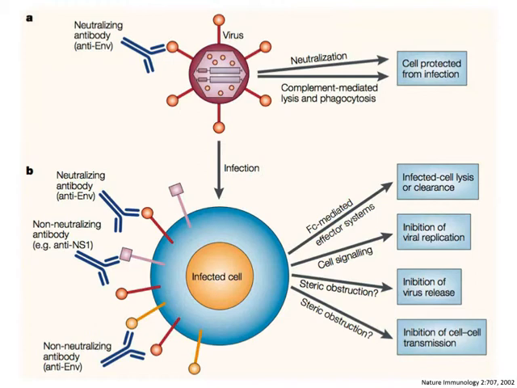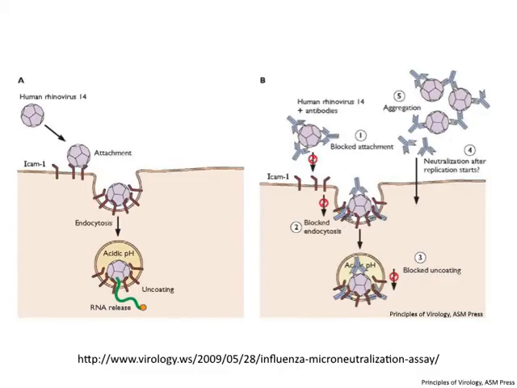For example, there can be signaling through these complexes that turn on pathways that inhibit virus replication. You can even inhibit virus release by having antibodies on the surface. So if you imagine this is an infected cell putting up viral glycoproteins on the surface, the binding of the antibodies can prevent virus release or even cell-to-cell transmission. So I don't want you to think that neutralizing viruses floating around is the only way that antibodies can work. There are actually lots of ways that they can prevent infection.